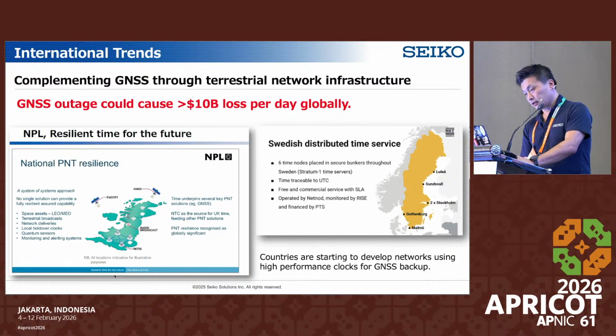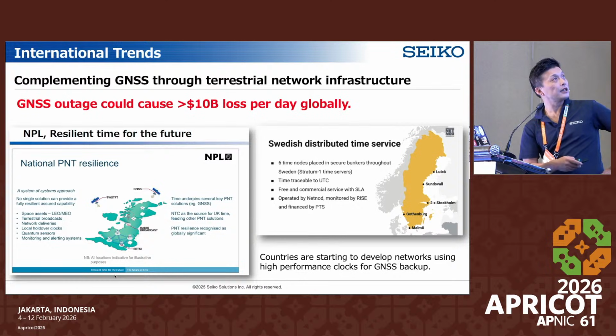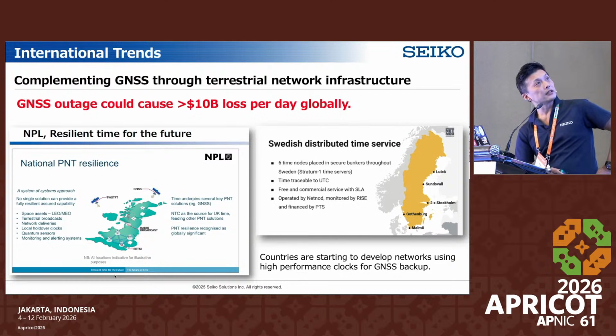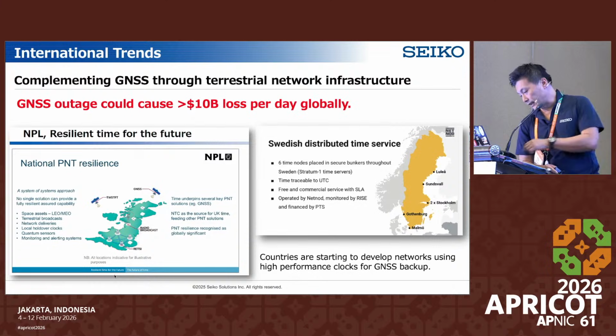As a result, national timing infrastructure projects using high-performance clocks and terrestrial networks are being developed. This is a case in the UK, and this is a case in Sweden. This is provided by Netnod, which also provides IX services.